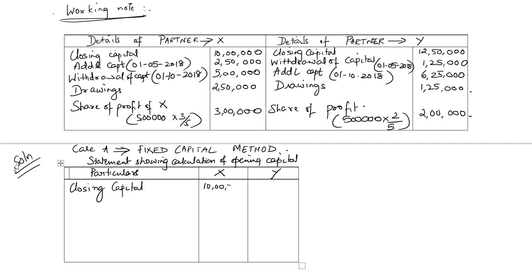For X it's 10 lakh, whereas for Y it's rupees 12,50,000. We need to add the withdrawal of capital.